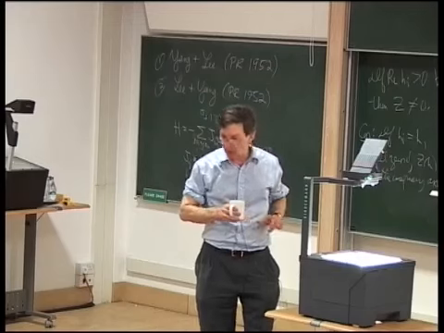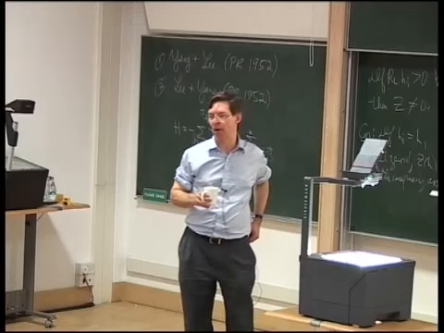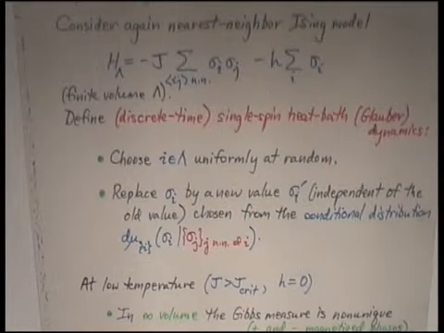You find a Markov chain that has the desired Boltzmann-Gibbs measure as its unique equilibrium measure. And then you run this thing, start it in any configuration and run it, and it will approach equilibrium, and then you take data for a year or 10 years or however long you can use in computer time and analyze that data. So there are various kinds of stochastic dynamics that people use.